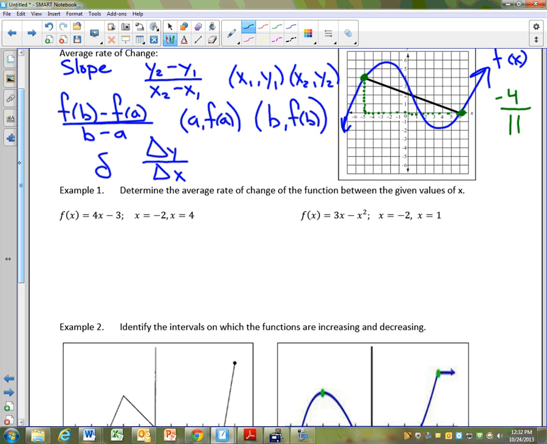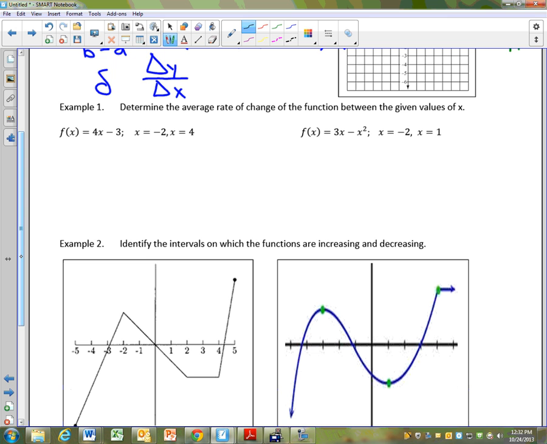Average rate of change on a given function is an infinite number of answers. So here's what we're going to do. We're going to determine the average rate of change of the function between the given values of x. So if we specify that our values are between -2 and +4, we're going to find the average rate of change. Well, all I do is I just find the two coordinates.